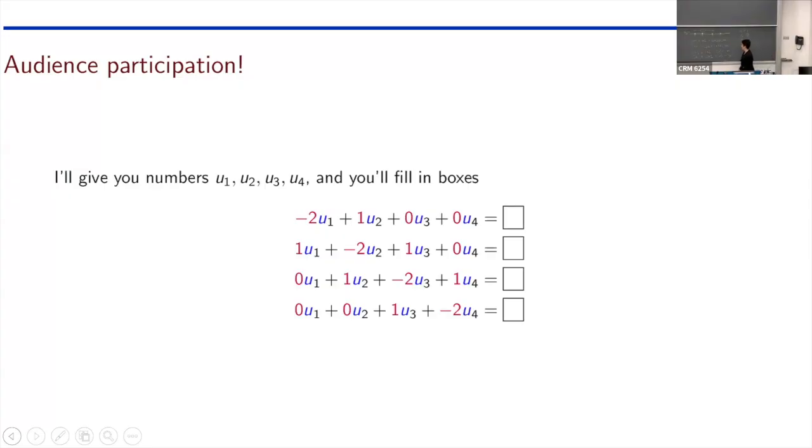In the next row, we get 1 times 1 minus 2 times 2 plus 3 times 1 plus 0 times 4, which is the next one. Let's keep going. We do the last one. So 0 times 1, 0. What happens here? What do we get?